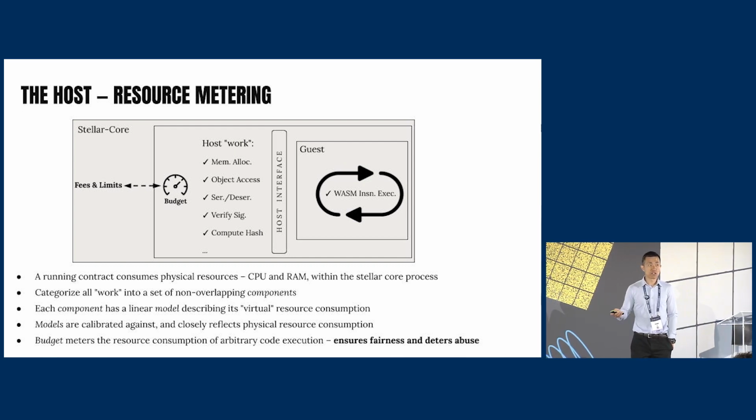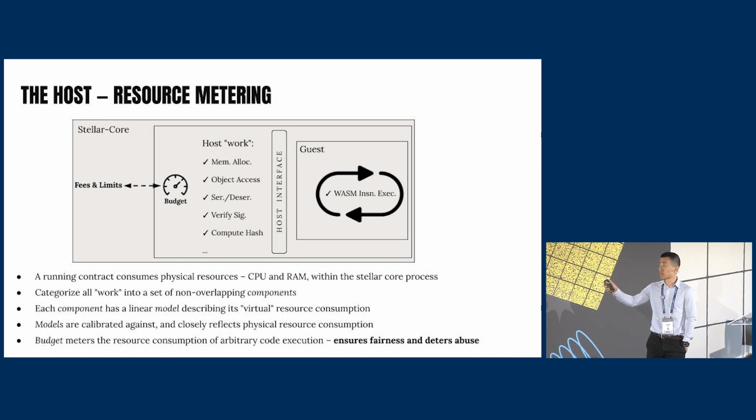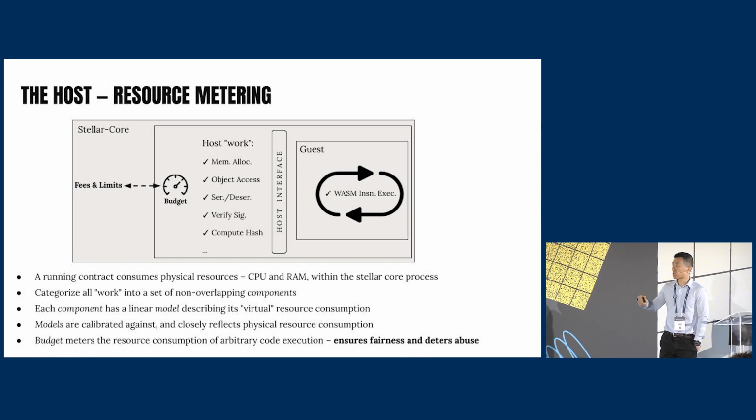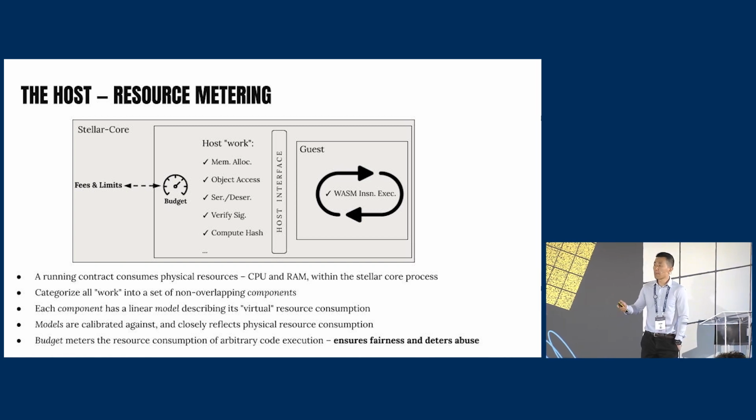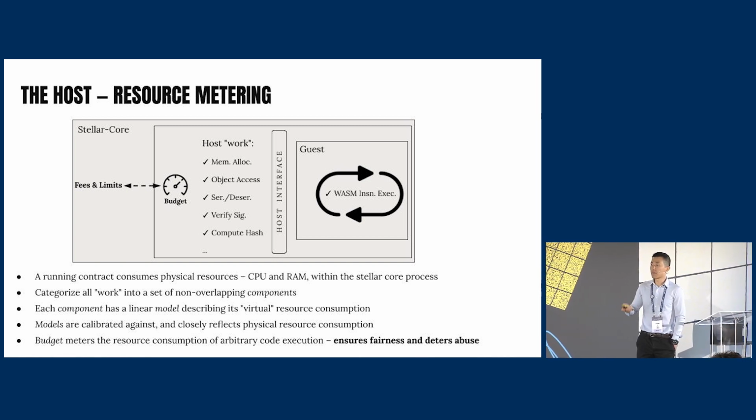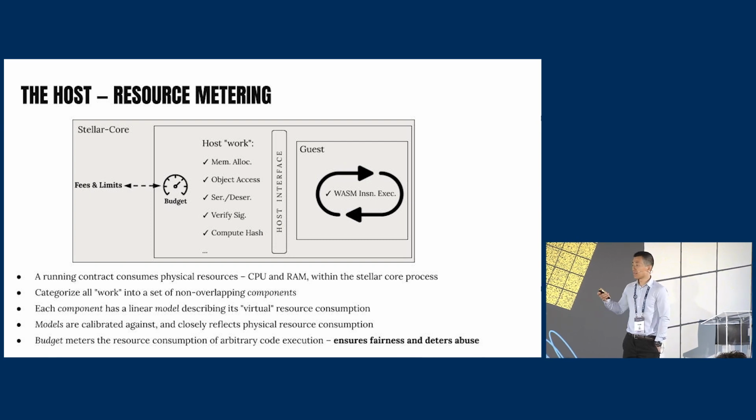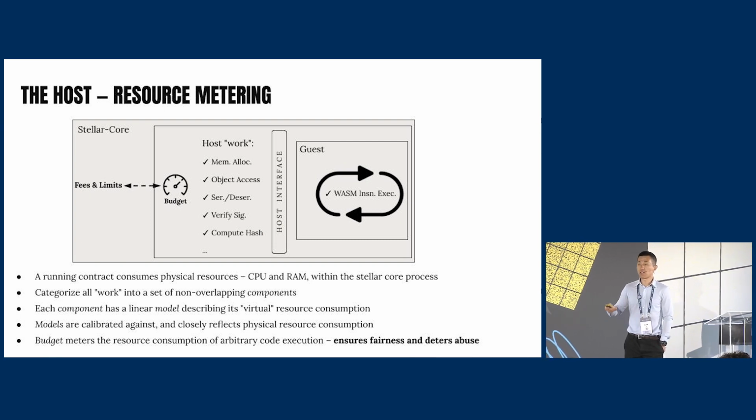But this presents a challenge because we have this split world between the host and the guest. On the guest side, it's pretty straightforward. It's just a loop running WASM instructions. But on the host side, everything is just work. So what we have done is we've categorized all the work that the host does into a set of non-overlapping components. Here you just see a few of them.